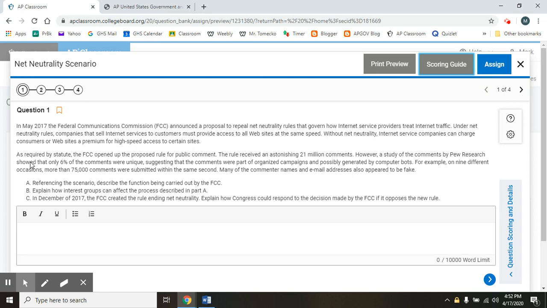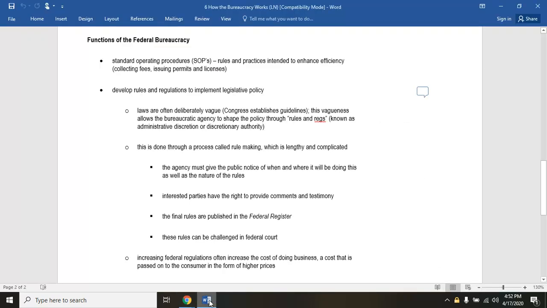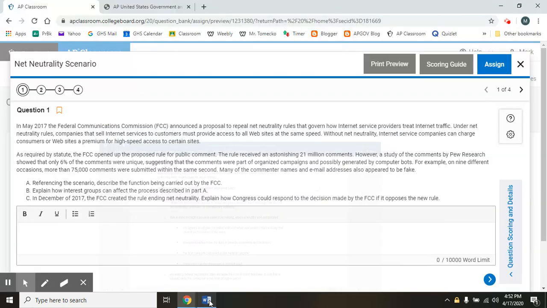So it says here in the second paragraph, the FCC opened up the proposed rule for public comment. And we saw in our notes that interested parties have the right to provide comments. So interest groups could themselves comment on these proposed rules, or interest groups could encourage their members to comment on these proposed rules.